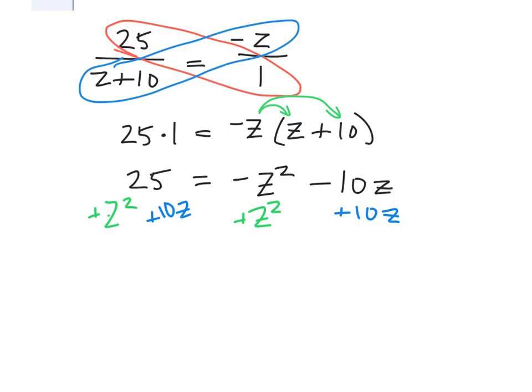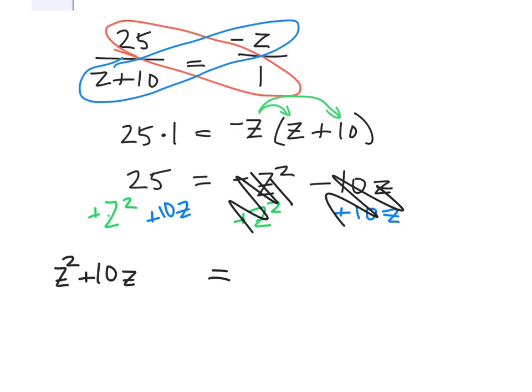And so what do we end up with? Well, the right side, they undo each other, they undo each other. So our left side ends up being z squared plus 10z plus 25, and the right side is 0.